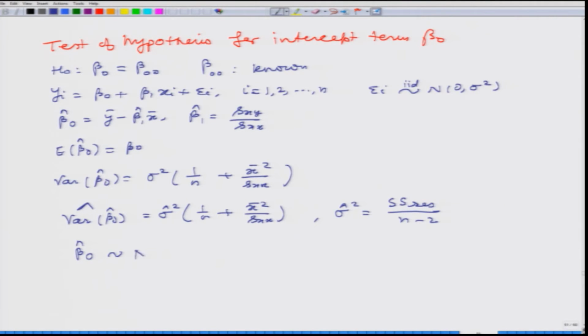So, it also follows a normal distribution with mean beta 0 and variance sigma square times 1 over n plus x bar square over Sxx. Now, using this result, we can construct the test of hypothesis under two cases: when sigma square is known and when sigma square is unknown. First, we consider the case when sigma square is known.